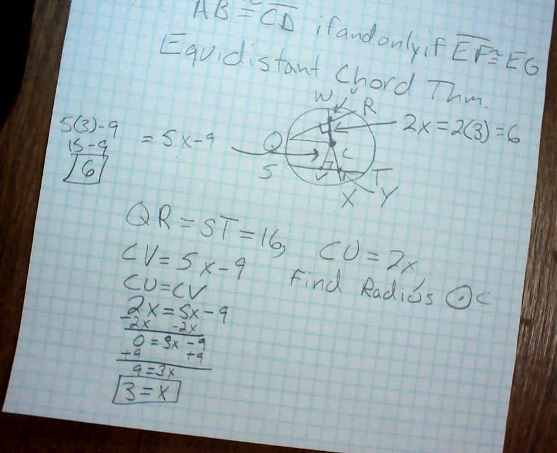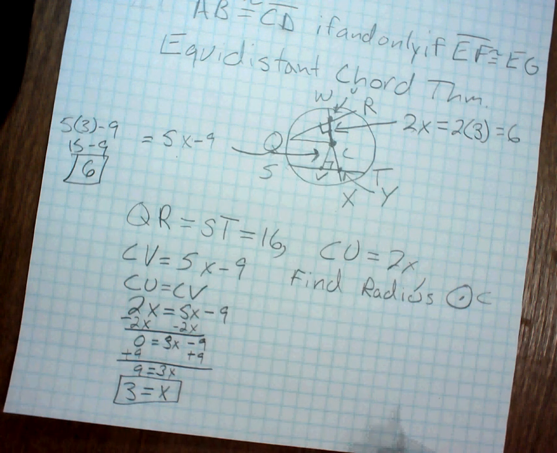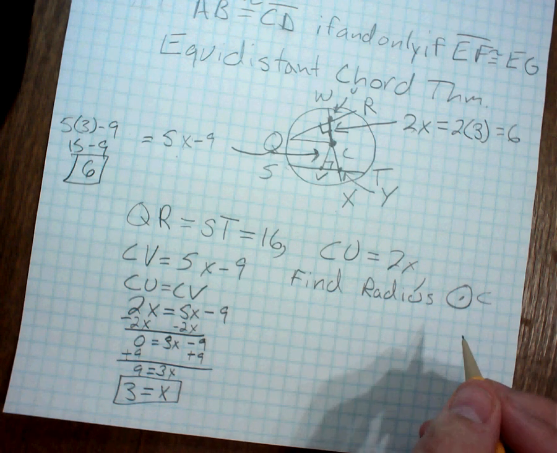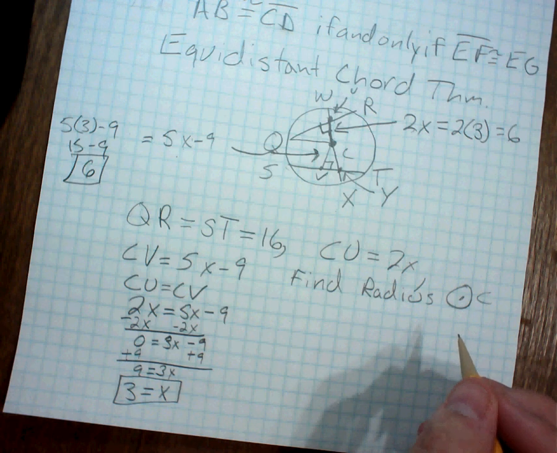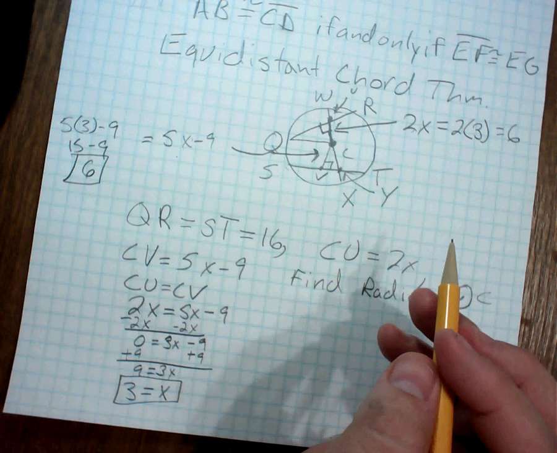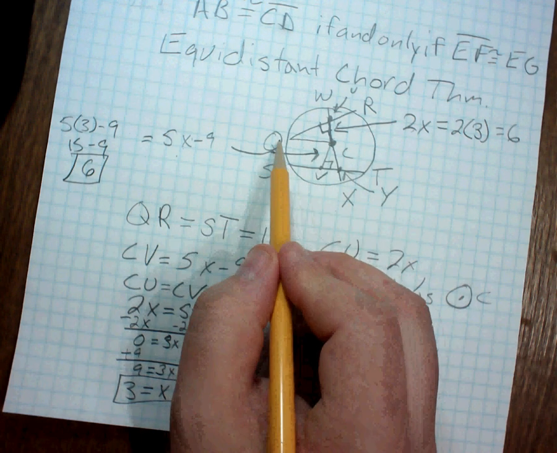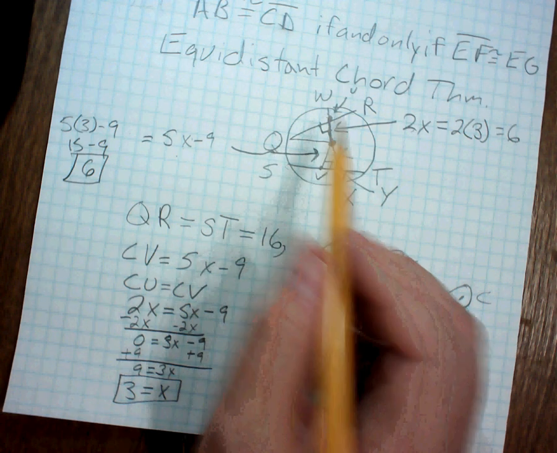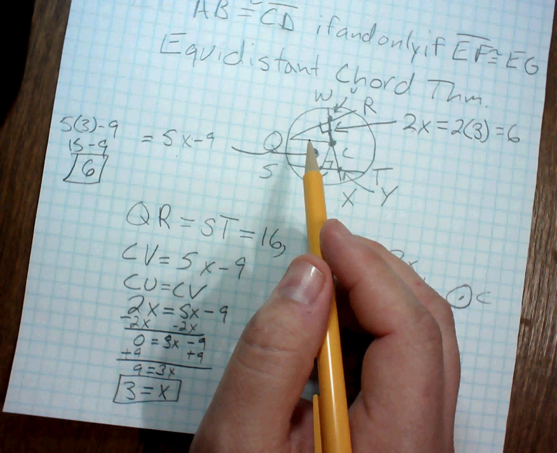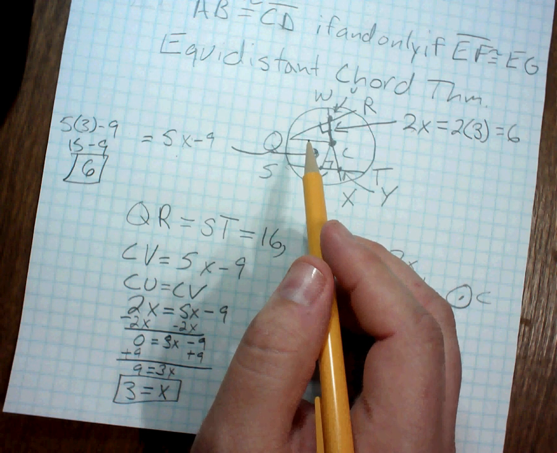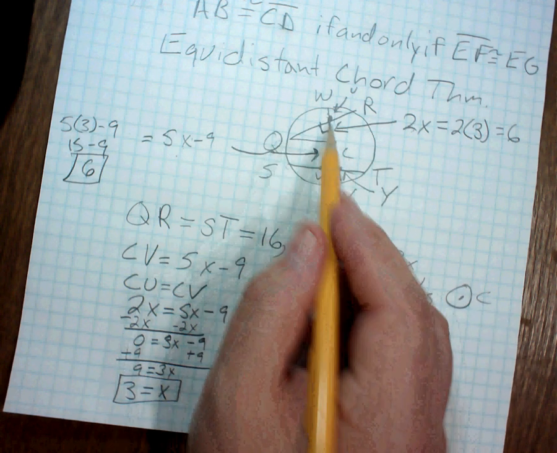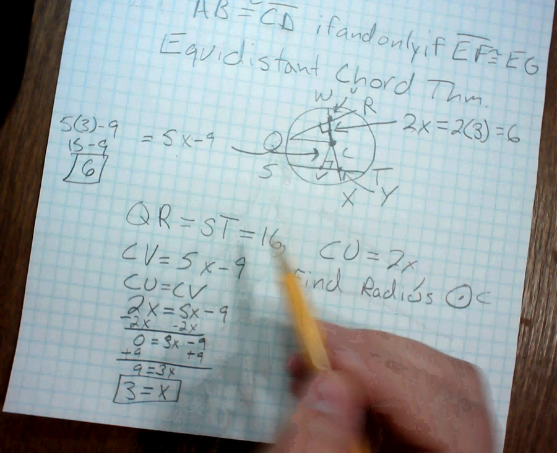Well, that's good. But they're asking us to find the radius, which is actually CQ. But if I can find QU, that's going to help me, because if you look at this, it is a right triangle, right?